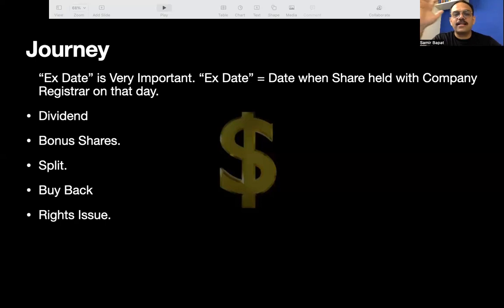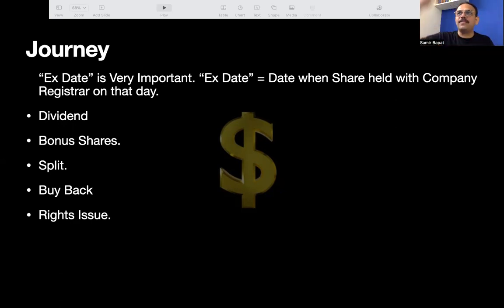What is this ex-date? This ex-date is the date on which the company registrar has the record of the shareholders on that day. So whenever we buy a share for taking delivery, it gets delivered to our demat account.